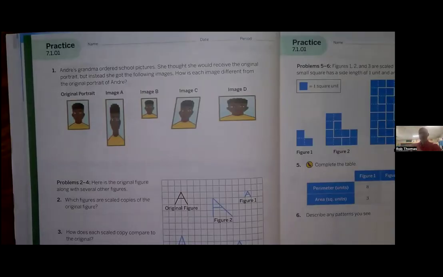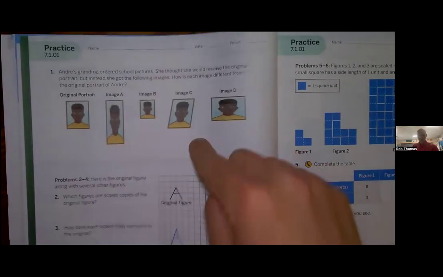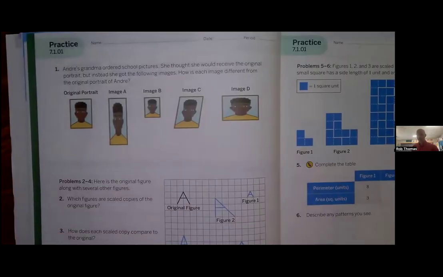If you're not sure, go to Google Classroom. It'll say on the assignment post, do it online or do these pages in the book. So it doesn't matter. The questions are the same either way.